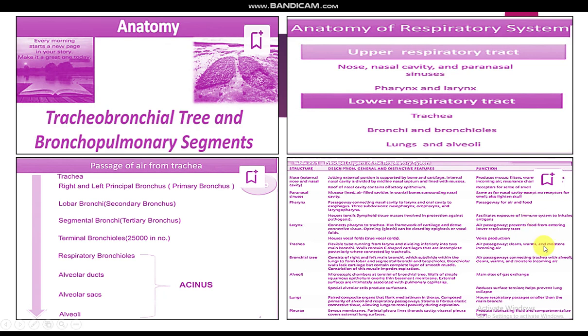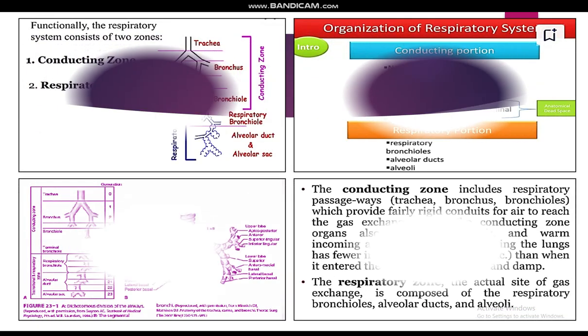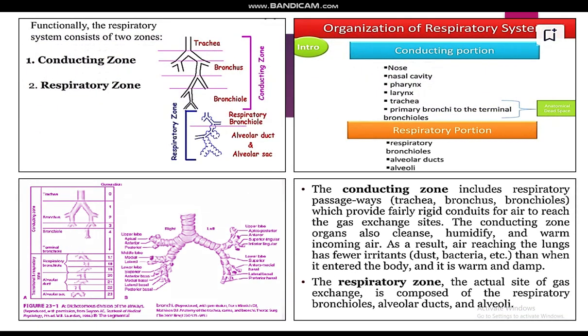Respiratory tracts. And we looked at all of the structures making those tracts. And then we also looked at the respiratory zone and what? The conducting zone. The structures making up the conducting zone and the structures that make the respiratory zone.